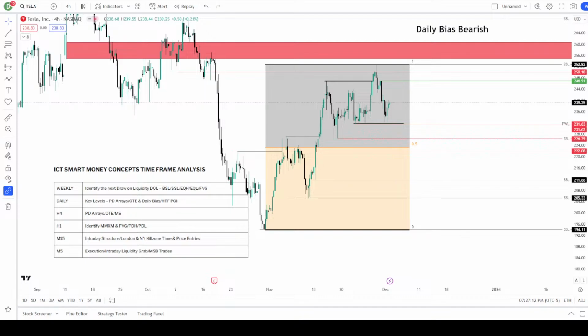We are looking at the market maker model on the 1 hour time frame, which is then going to identify on a 1 minute time frame, or we can also look at the market maker model on the 1 hour time frame and then look at the weekly premium discount arrays instead. So it just depends on the way you're looking at it.